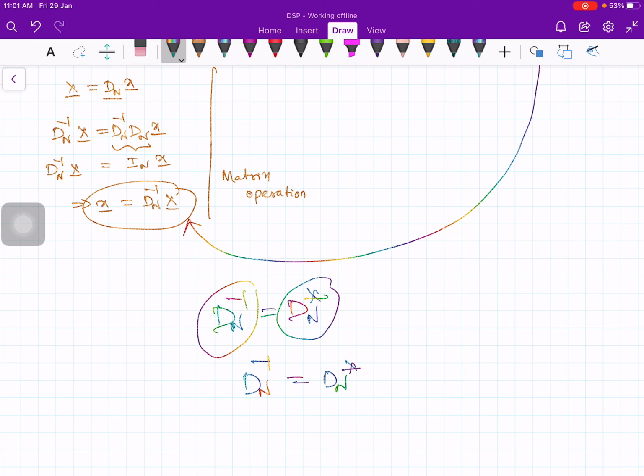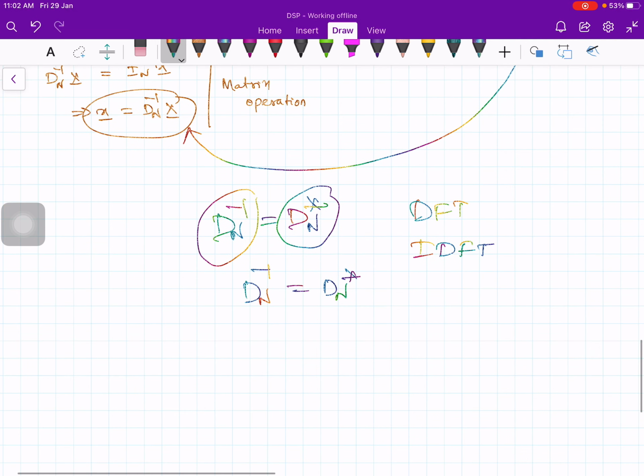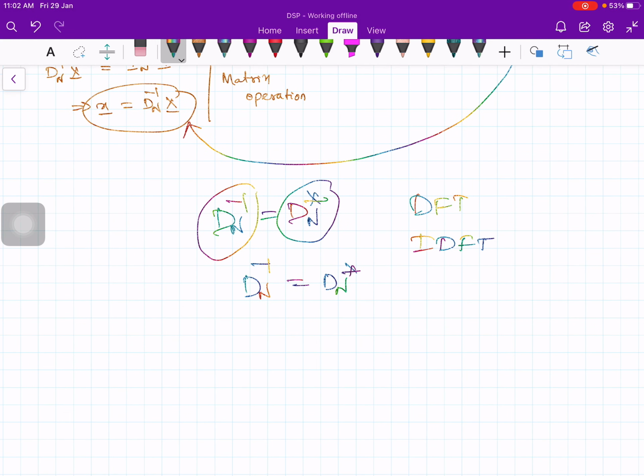So if you know dn, that is the only thing you have to know, then you can do either DFT or inverse discrete Fourier transform, IDFT. In other words, the same algorithm which is used for computing DFT can also be used for computing the inverse discrete Fourier transform, and this is one of the versatilities of the DFT operation.